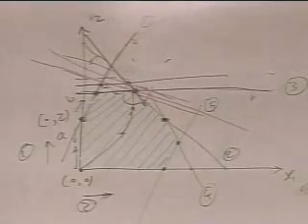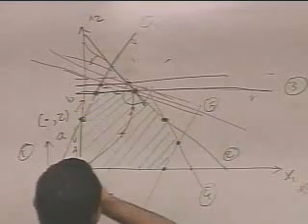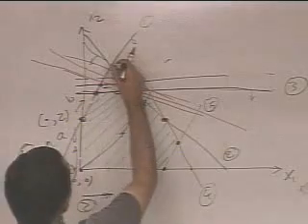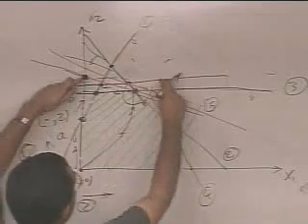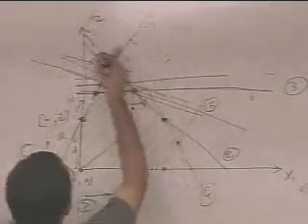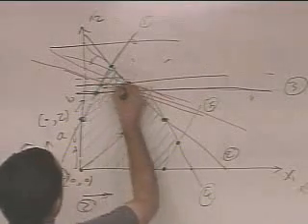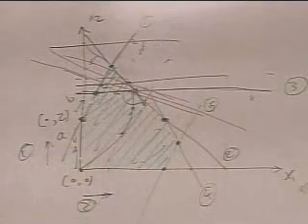Now, let me find a good picture that would give me that idea. These 2 lines always intersect here. If I shift this line too much, it would go above the intersection of these 2 lines. My feasible region would be this part, and being below this wouldn't contribute anything.